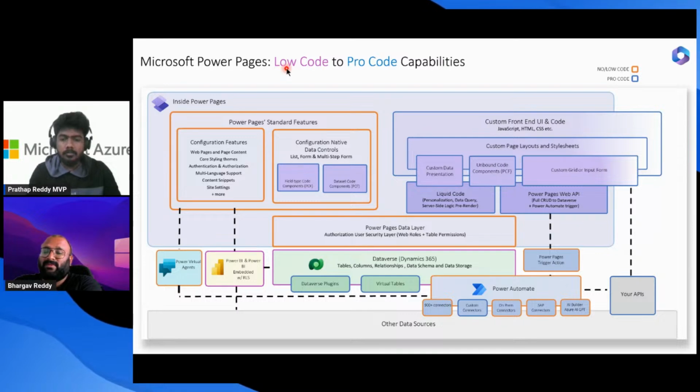One of the default capabilities, and why Microsoft also recommends the Power Pages Web API, which you would definitely want to make a note of, is that security tokens are applied by default whenever the Power Pages API is called. Whenever you're making a call to, let's say, a data table, it fetches only the results that you should be able to see based on the authorization that we spoke about earlier, right?